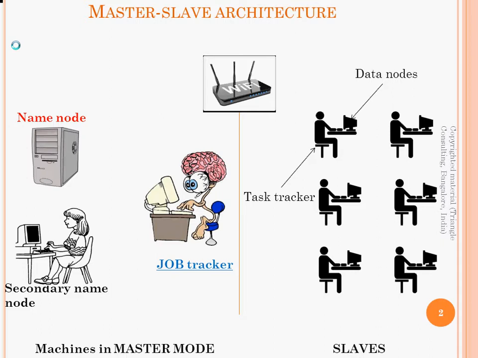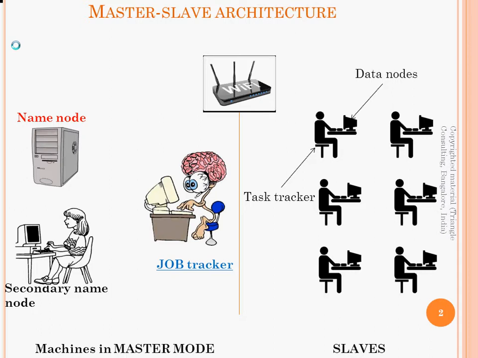When I say node, it basically means a computer. On the left hand side, I have 3 nodes, or 3 different computers, which operate in master mode. They are namely the name node, the secondary name node, and the job tracker.